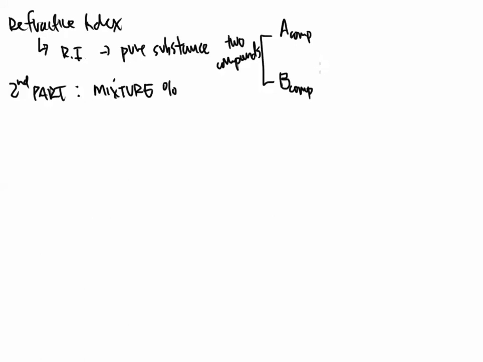Once I figure out what my component A is, I run it on refractive index and I get a number. Then I take my component B, run that on refractive index, and get a number. These are the pure compounds that I'm reading.